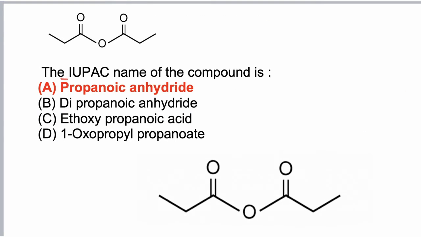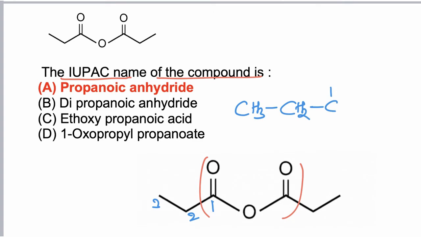In this question, we have to find the IUPAC name of the given compound. So first we have to identify the functional group. So now the functional group anhydride is present, and a total of 3 carbon atoms are present in the main chain. Now this anhydride is formed from propanoic acid. So while writing the name of an anhydride, we have to write the name of the acid from which it is prepared.